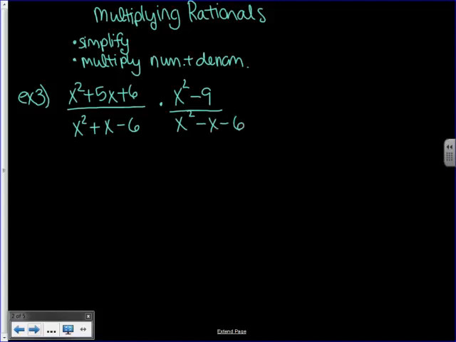Well, again, the first step I told you was simplify. So the first thing we do in simplifying is we're going to check for factoring. Can I factor the top? Well, factors of 6 that add to 5, isn't that 2 and 3? So that factors to x plus 2 and x plus 3.